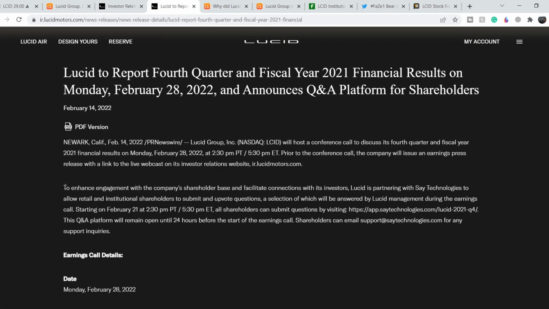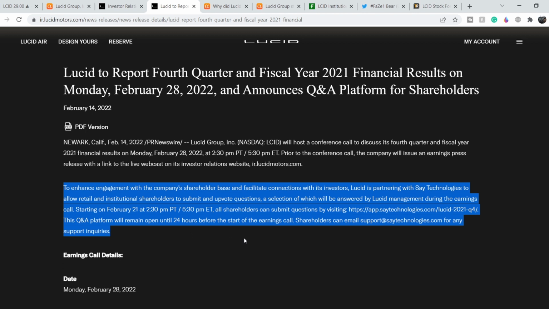To enhance engagement with the company's shareholder base and facilitate connections with its investors, Lucid is partnering with Say Technologies to allow retail and institutional shareholders to submit and upvote questions, a selection of which will be answered by Lucid management during the earnings call. And I think it is a brilliant idea. You can ask whatever you want, and probably the executives of Lucid Motors will answer it.